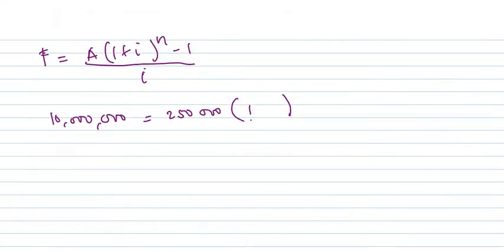So 1 plus 0.025 is 1.025, raised to n, this is the unknown value, minus 1, all over I, where our I here is 0.025.